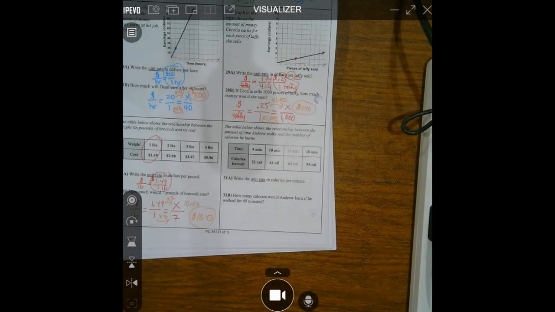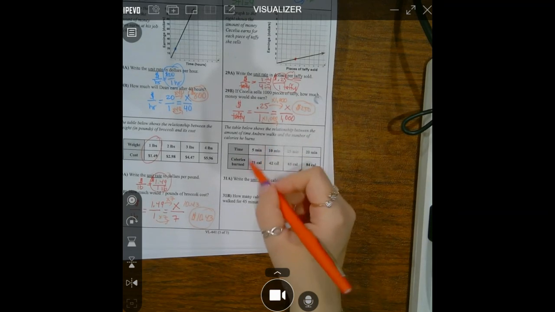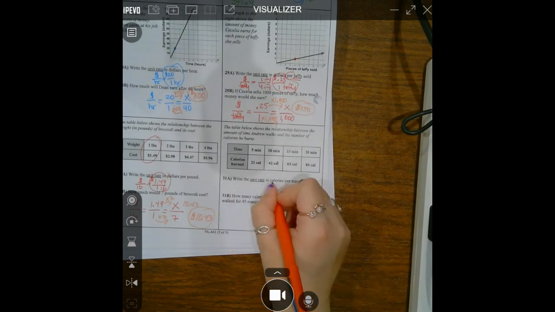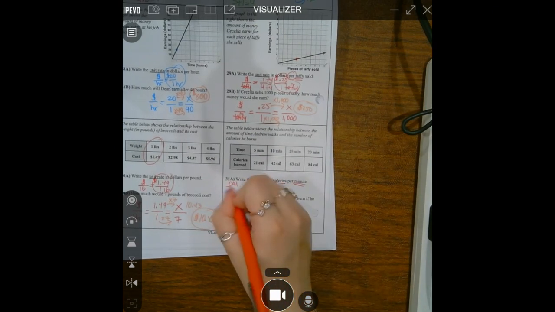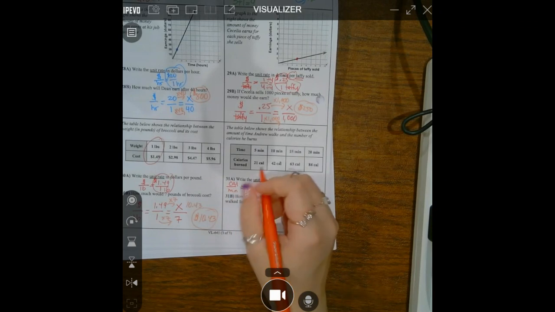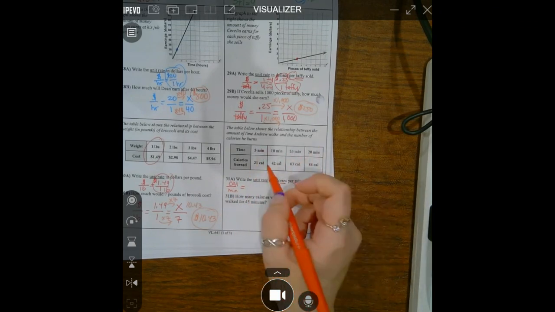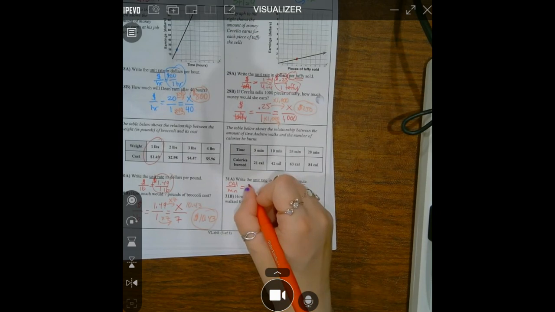Okay, write the unit rate in calories per minute. Well, sadly, this one didn't give me the unit rate. Didn't tell me how much it is in 1 minute, right? But I still can do this. Okay, it wants calories per minute. So let's write that, calories per minute. And this first point, you can use any of the points you want. This one just has smaller numbers, so I'm going to use that one. Okay, 21 calories in 5 minutes.